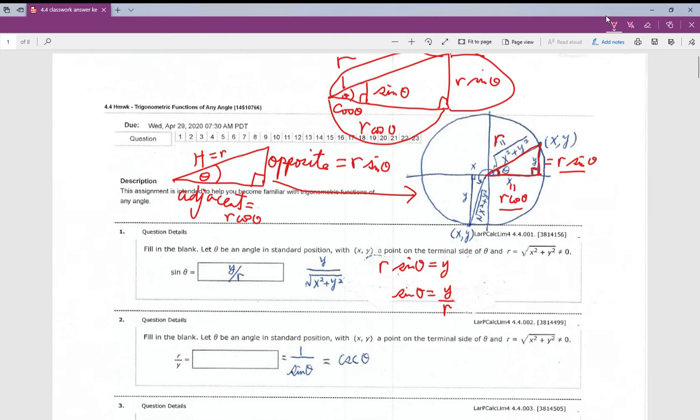And then, if you make a reciprocal, r over y, actually is the reciprocal of y over r. And y over r is the sine theta. So the reciprocal of sine theta, we call it cosecant.